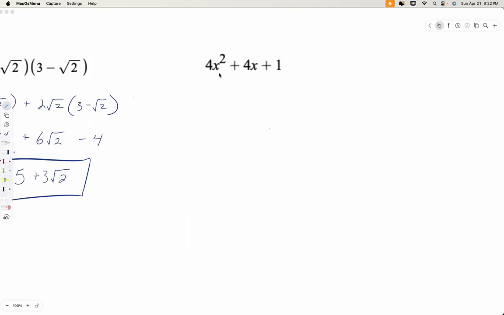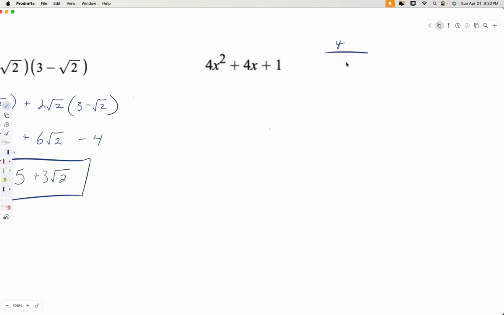All right, so this problem asks us to factor 4x squared plus 4x plus 1. Well, the only thing that I can think of is because we have a coefficient here, we can either divide everything by 4, or we can use the 4 times 1 to get the middle term, right? So you take the first term and the last term, you multiply them together, and we get 4, because 1 times 4 is 4, right?